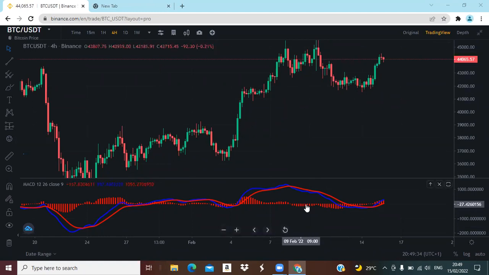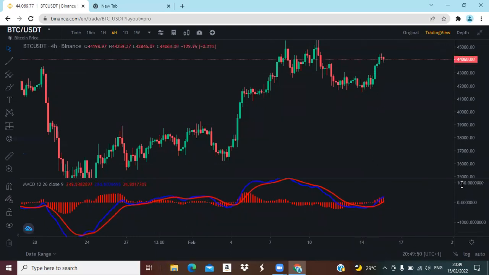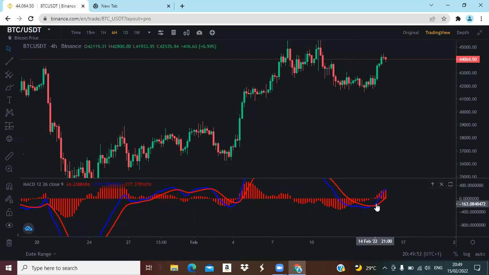MACD was already forming on the negative side. Then we see here MACD has started forming on the positive side, which signifies that the market is going to go up. If you look at the histogram, it starts forming on the positive side here, and you see momentum move up.